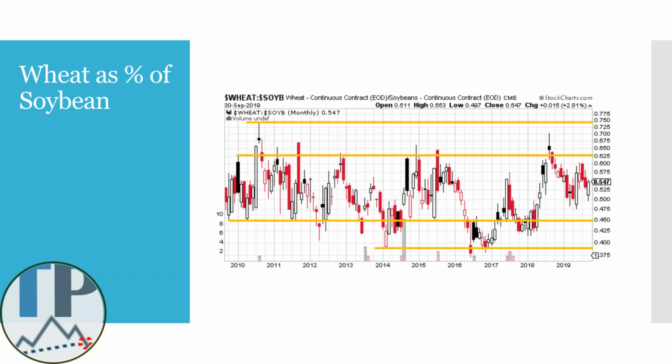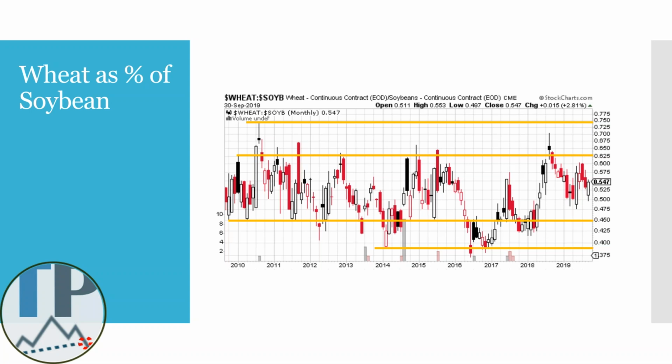This is actually the same pairing, but in this chart, what I'm trying to depict is how wheat can be expressed in its price as a percentage of soybeans price. If you look at the numerical value on the y-axis to the right, what you see is the percentage that wheat is trading at of soybeans price.